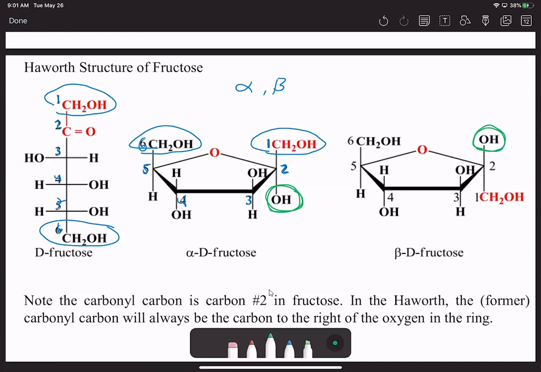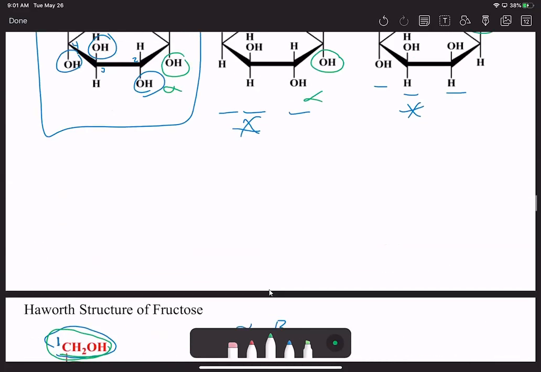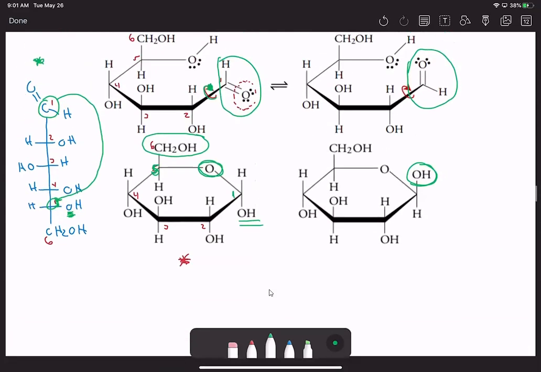So hydroxy group, not the CH2OH, right? And then we're not looking at this here. We're looking here at carbon number 2. Carbon number 2 is where this carbonyl was at. We go back to the structure up here.